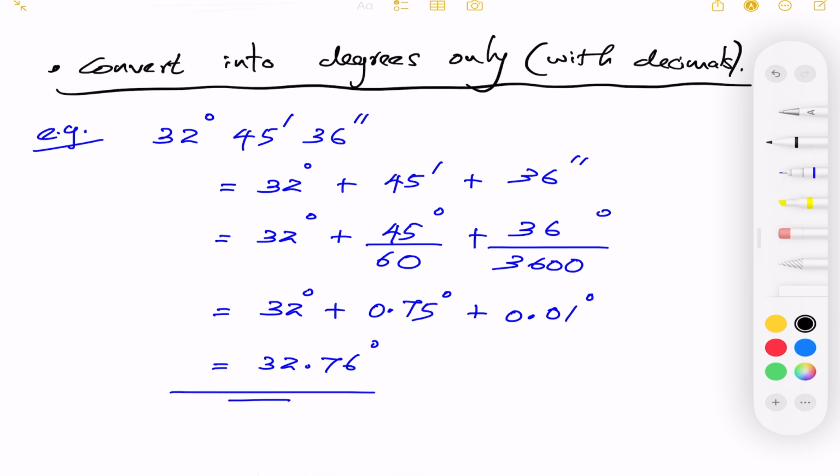So whenever you are given an angular measure with degrees, minutes and seconds, in order to convert that into degrees alone, we just keep the degree value as it is, no change, and the minutes should be divided by 60 in order to convert that component into degrees, and then the given number of seconds should be divided by 3600 in order to convert that component into degrees. And then we can do the final simplification.